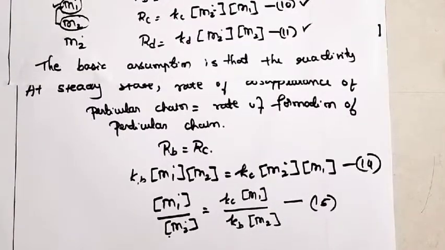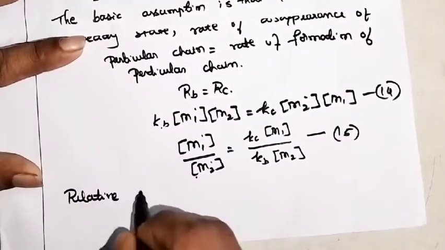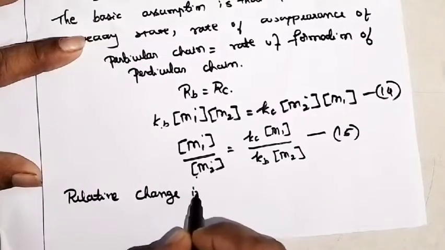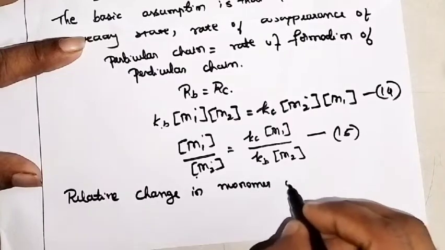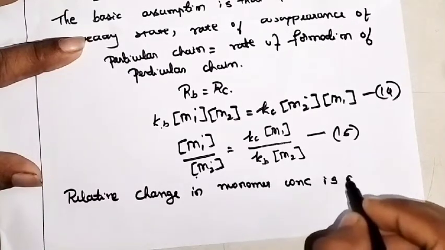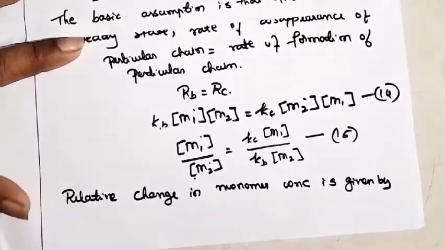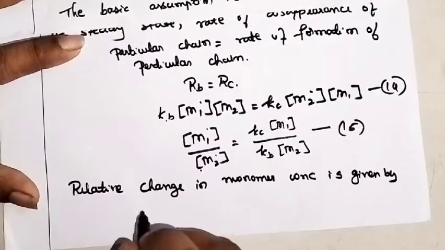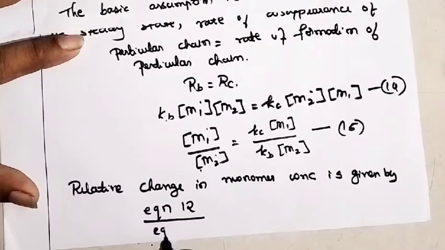Next, the relative change in the monomer concentration is given by, what you need to do is divide equation 12 by equation 13.